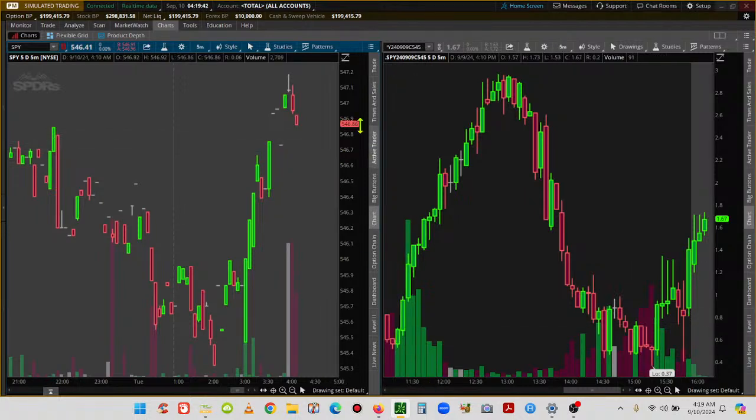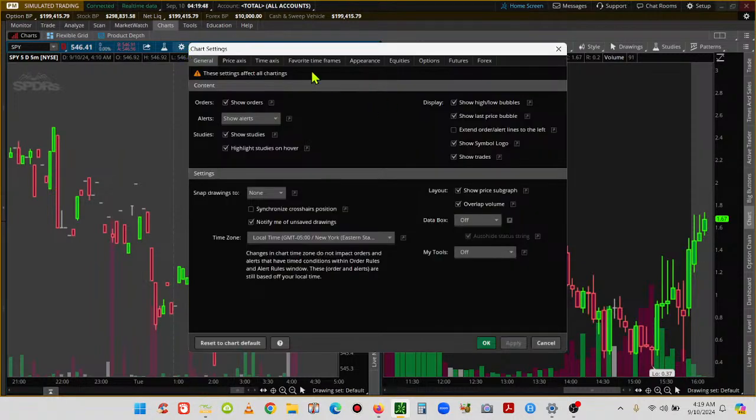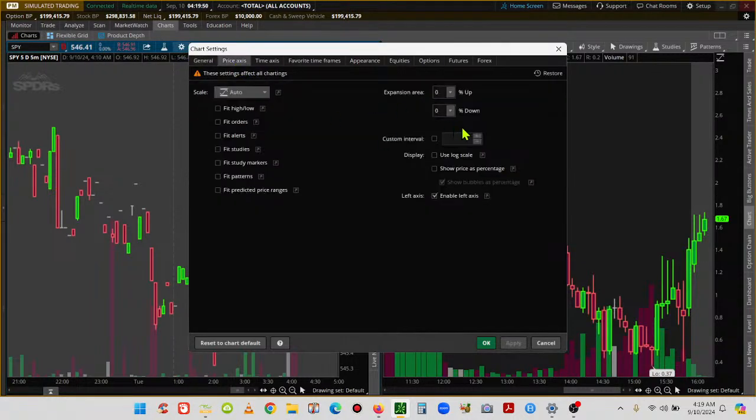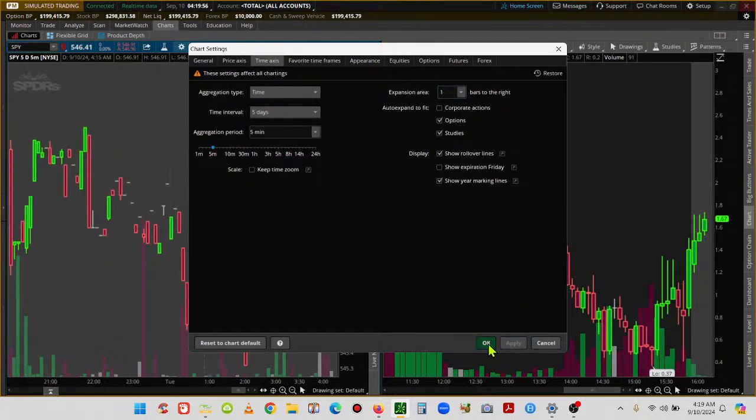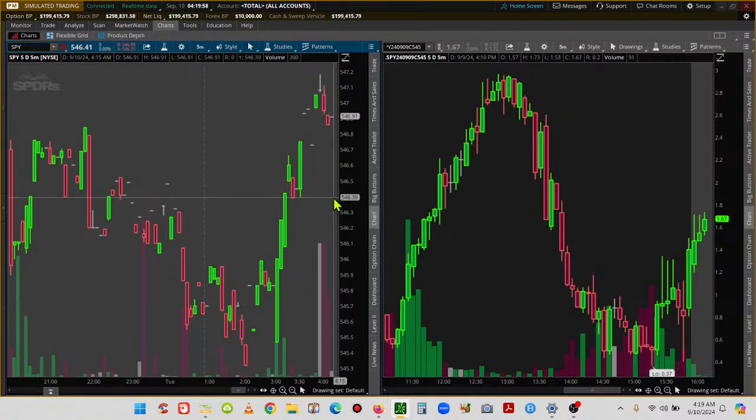I want to focus and think hard and make sure I'm in right on it. It's just like how I think and how you should be thinking. Set this to 1 and apply. There we go. Okay, we see a new candle has just formed right now.